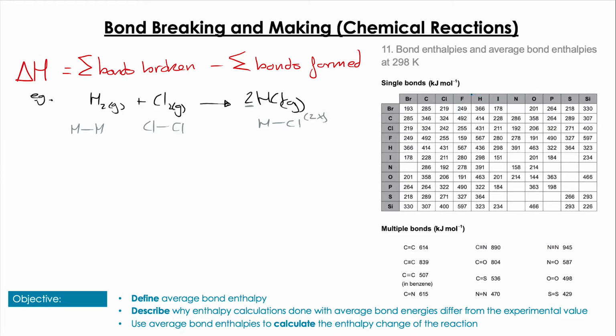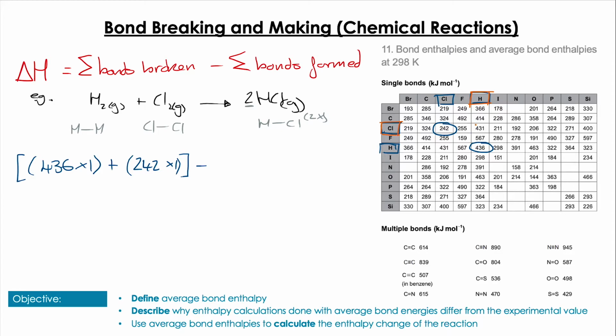So we can total up the values for our bonds broken, which is our reactants. We look at our table, use it like an old bus timetable, and we look for hydrogen, crossing over with hydrogen, which is 436. We do the same with Cl and Cl, which is 242, and that's going to give our total bonds broken.